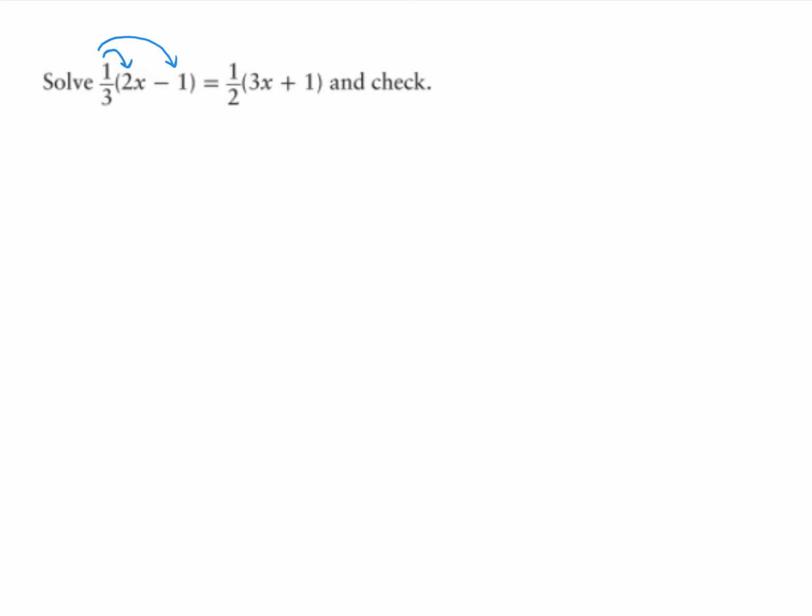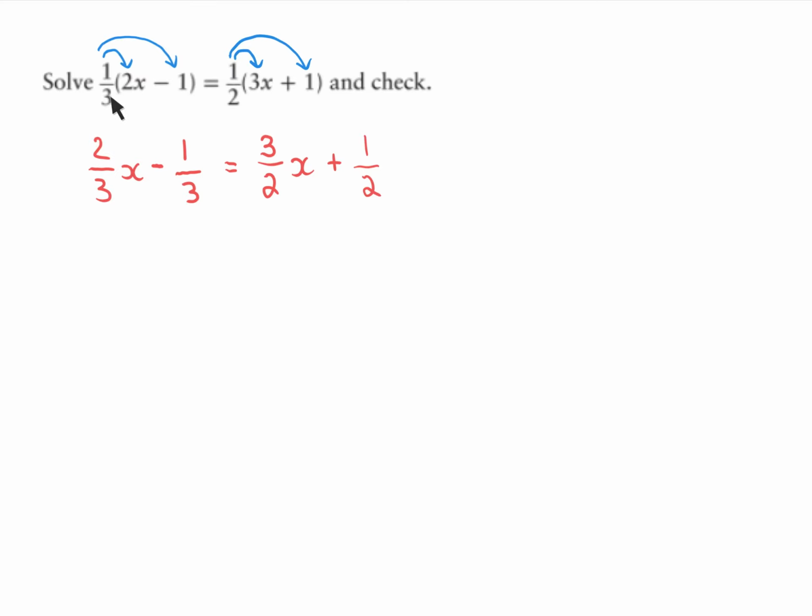So what that looks like is we're going to have 2/3 x minus 1/3 equals, and on the other side, we're going to go 1/2 times 3 and 1/2 times 1, and that's going to give us 3/2x plus 1/2, like that.